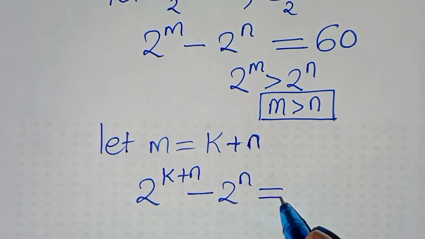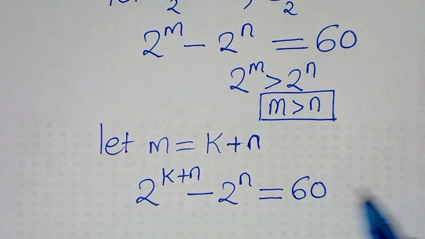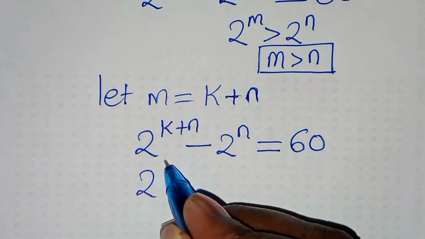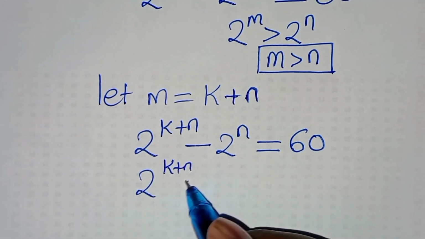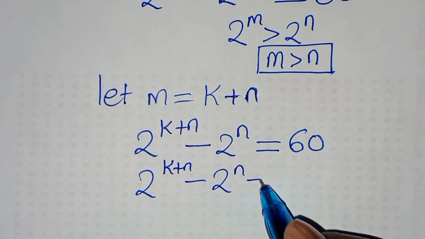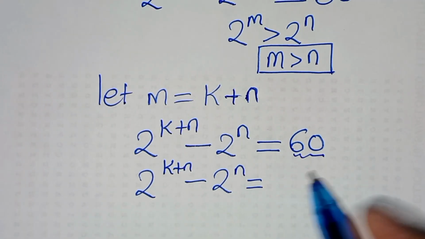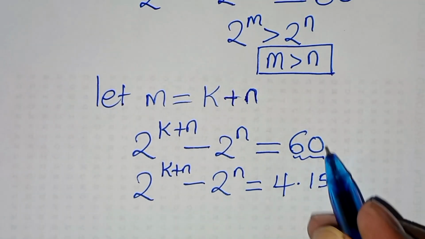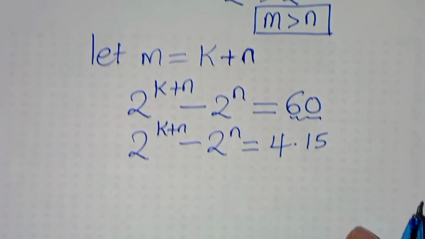This is equal to 60. Now, we have 2 to power k plus n minus 2 to power n. We can express 60 as 4 multiplied by 15. 4 times 15 is the same thing as 60.